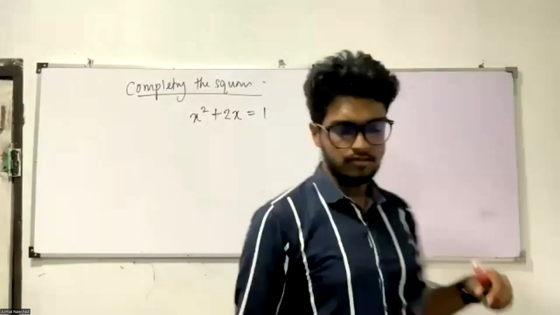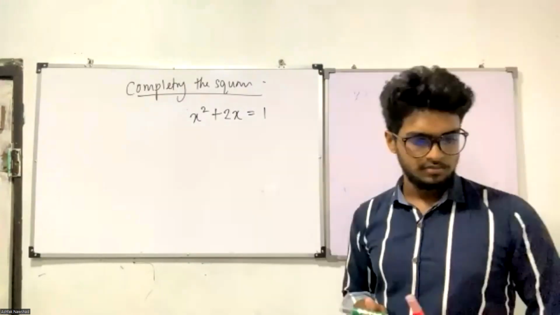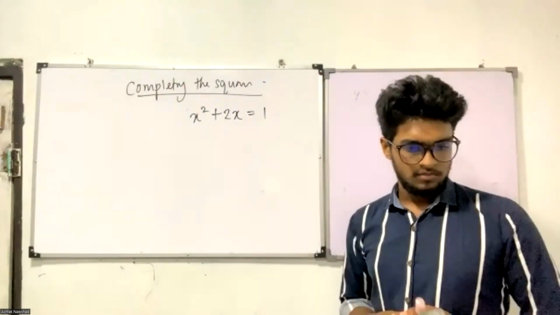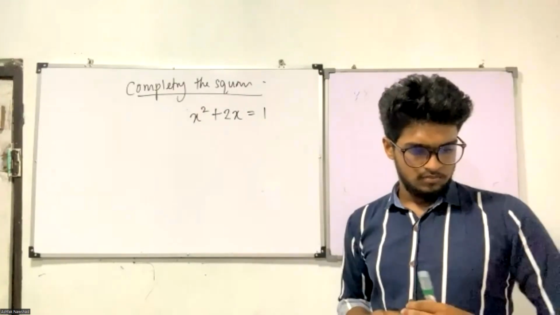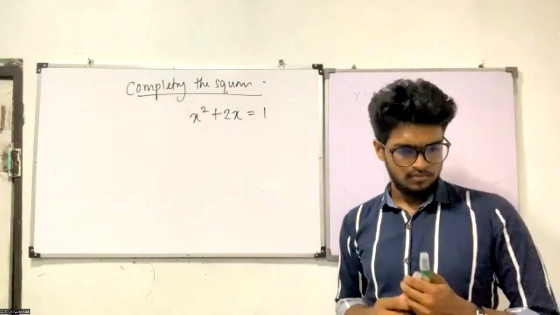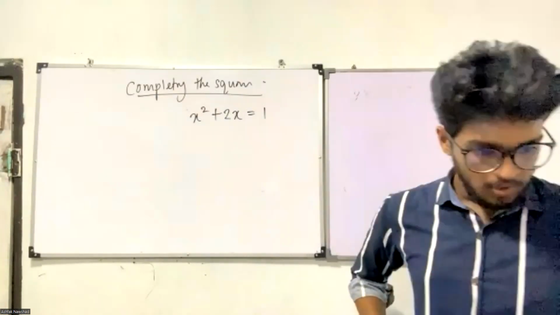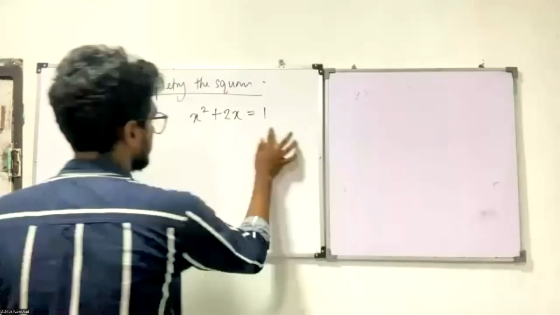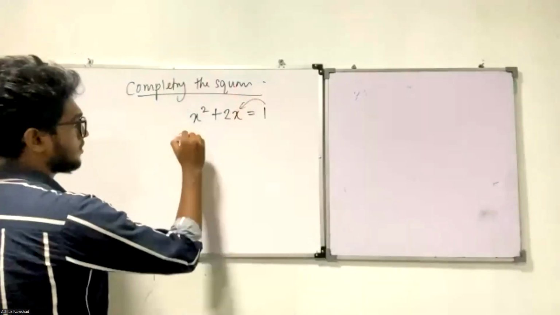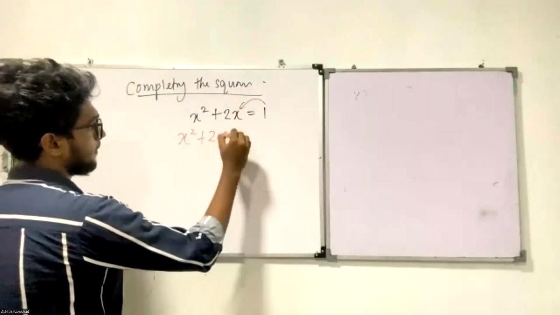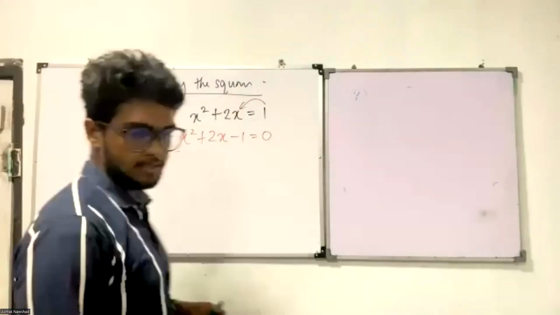Can you solve it keeping it in this form? No. You must equate this to 0, which means you can take the 1 to this side. So it's x squared plus 2x minus 1 equals 0. Now you can solve.